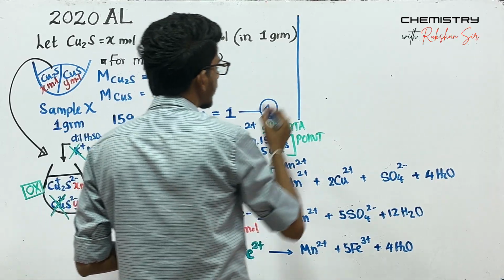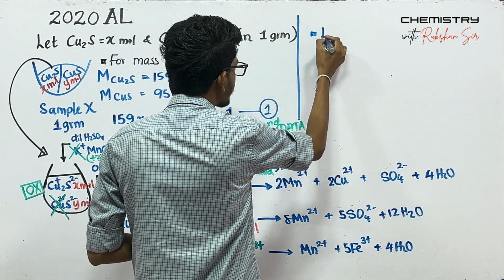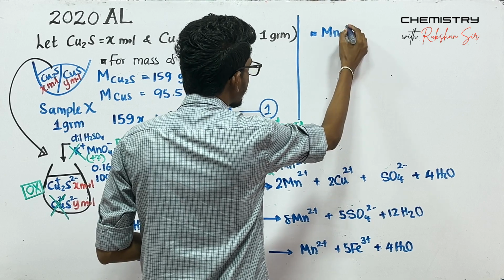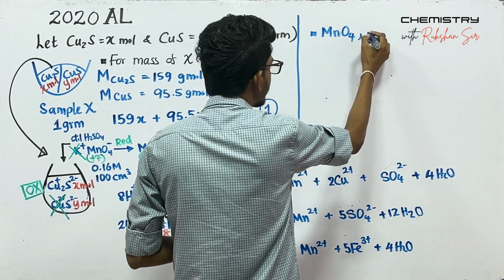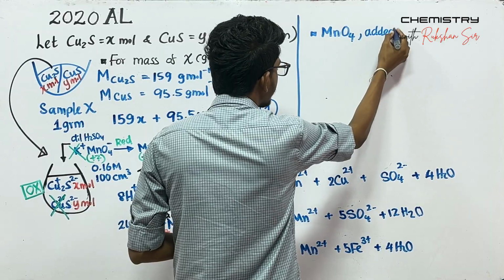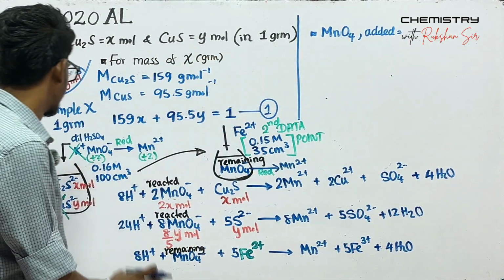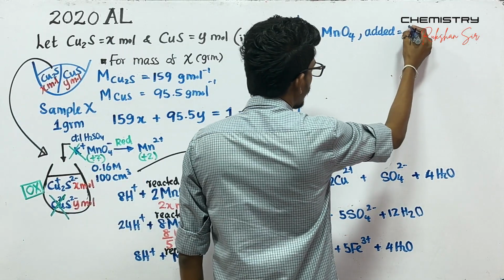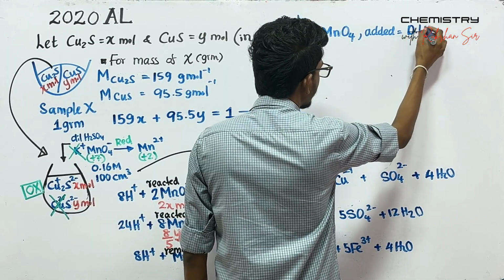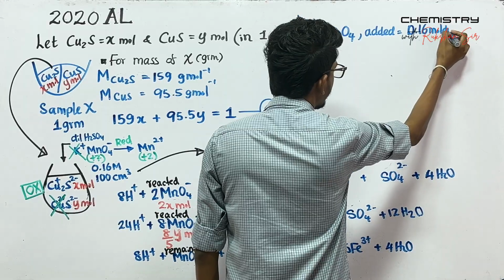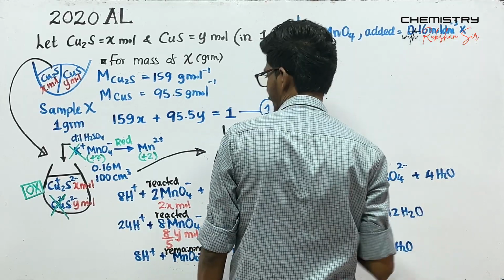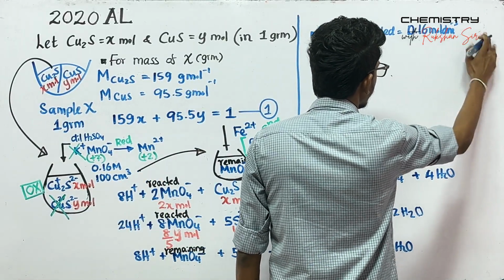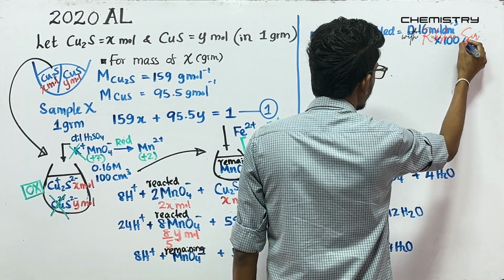MnO4 minus added at the beginning, that is equal to 0.16 molar. How much? It is 100 cubic centimeters. I write it here, into 100 cubic centimeters.